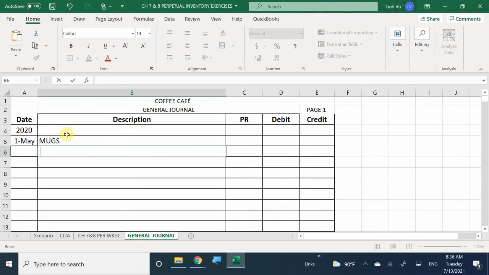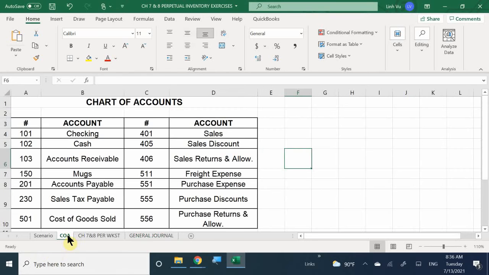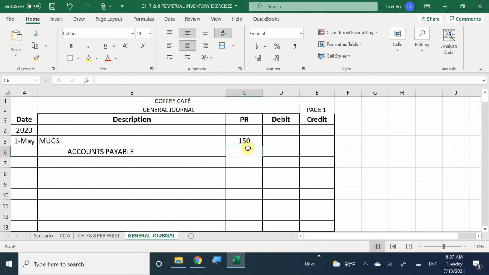So our inventory item is mugs, and we placed it on accounts payable. The account for mugs was 150, and the account for accounts payable was 201.